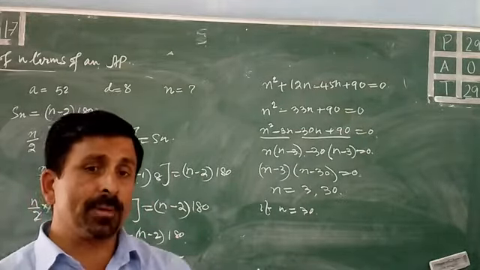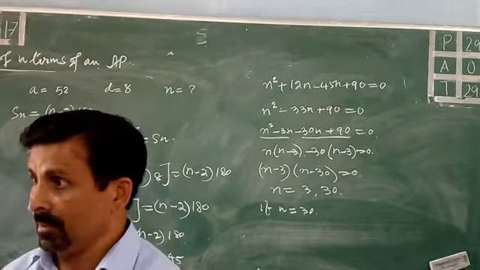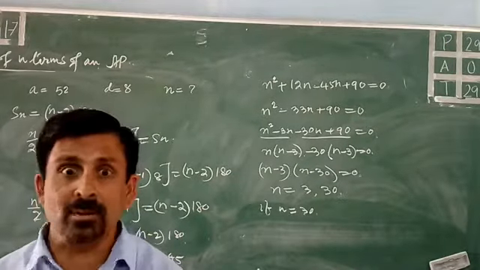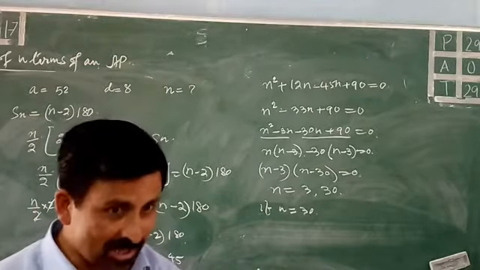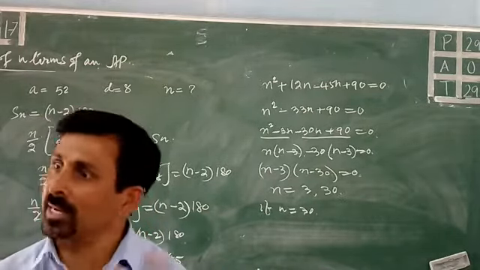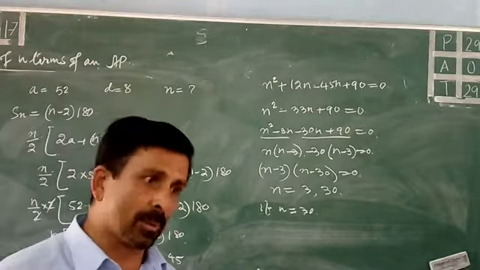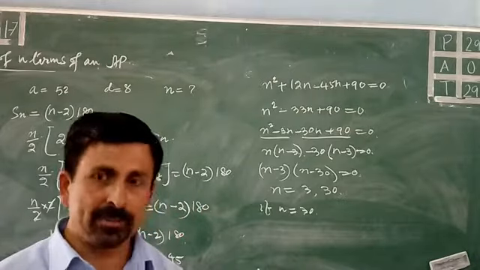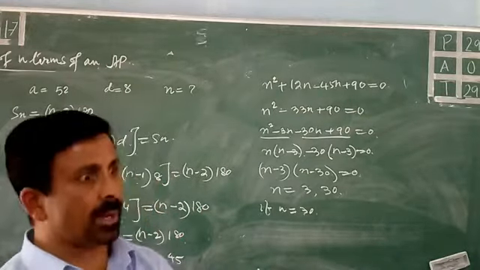So if the measurement of all the sides is the same, or the measurement of each interior angle is the same, then it is said to be regular. Example, an equilateral triangle, in which all the sides are the same, and because all the sides are the same, the measurement of all the angles will also have to be the same. If the sides are the same, angles have to be the same, or if the angles are the same, then the sides also have to be the same.